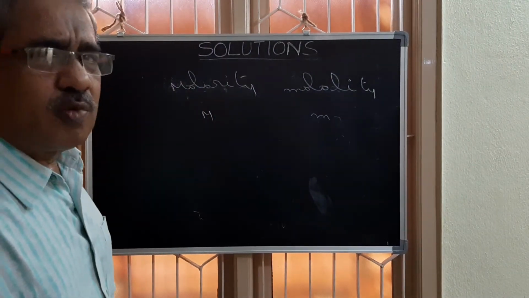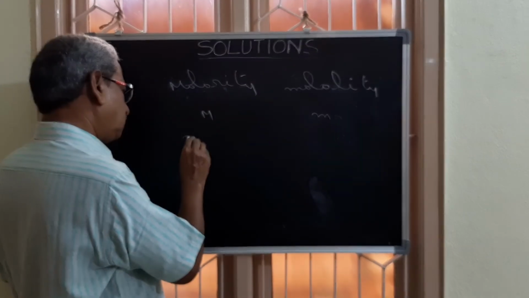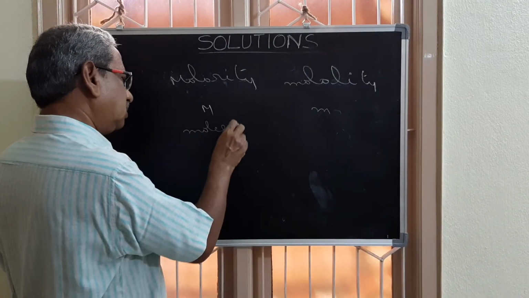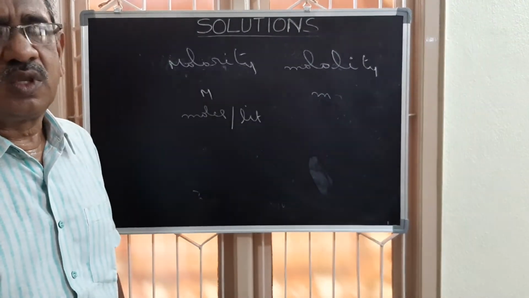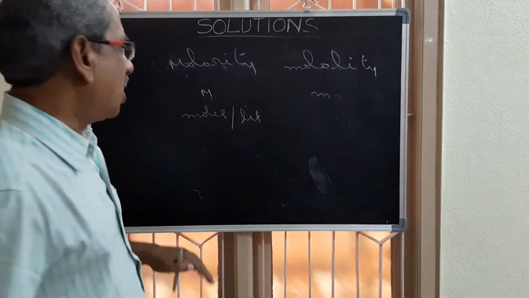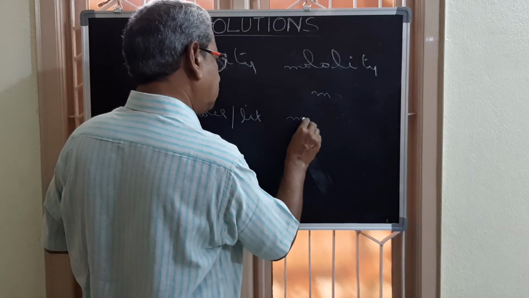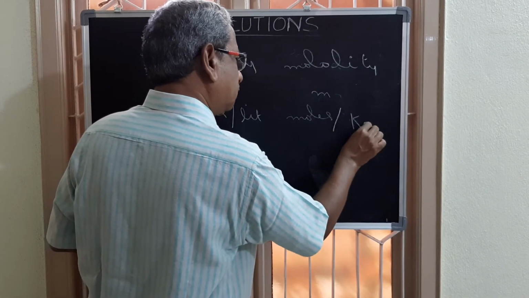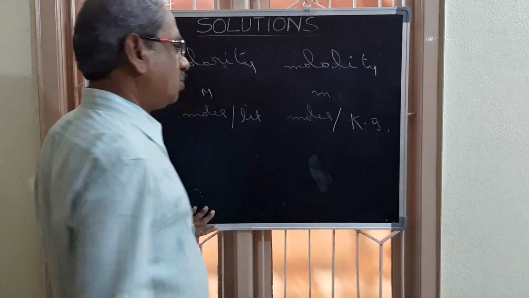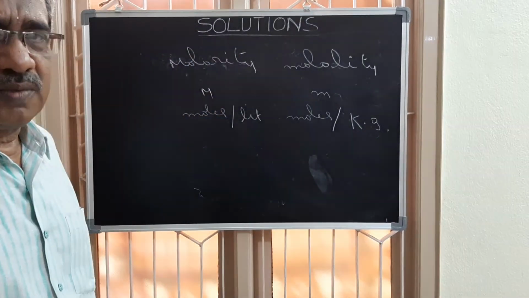The units of molarity are moles per liter, and the units of molality are moles per kg.